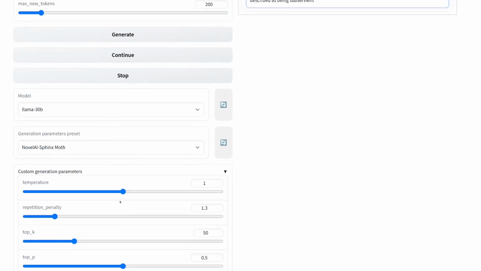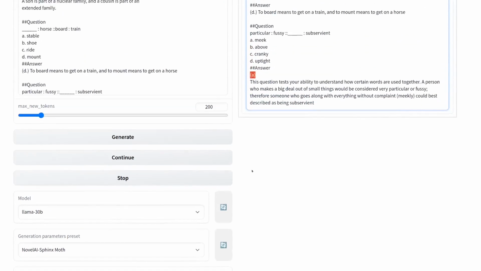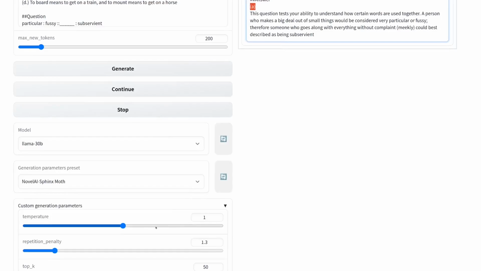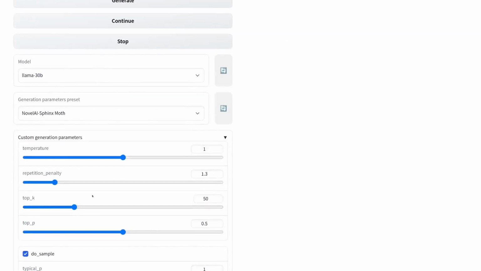So the temperature is going to increase the randomness. The repetition penalty is going to limit how often the model repeats certain tokens. The top K is going to only consider the top K tokens in the set of tokens that are possible, and the top P is going to pick, of the tokens that are being considered, the smallest set of tokens that have a probability higher than 0.5.